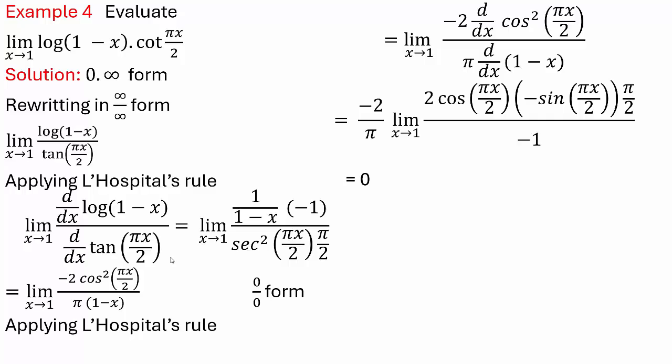If we put x equal to 1, it becomes 2 cos of pi by 2 into minus sine of pi by 2 into pi by 2.